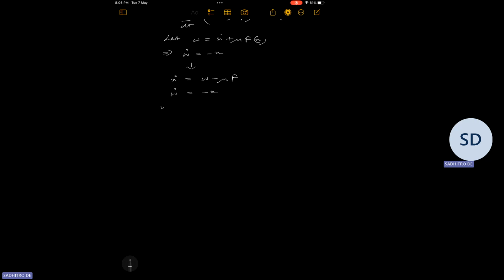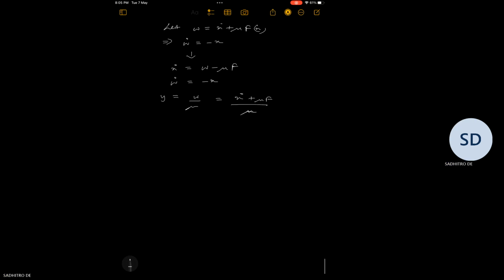Now let us make one further change of variable, that y is equal to w by mu. So we define a variable y in this particular manner.